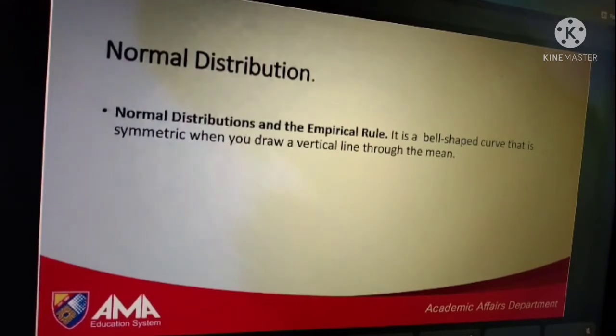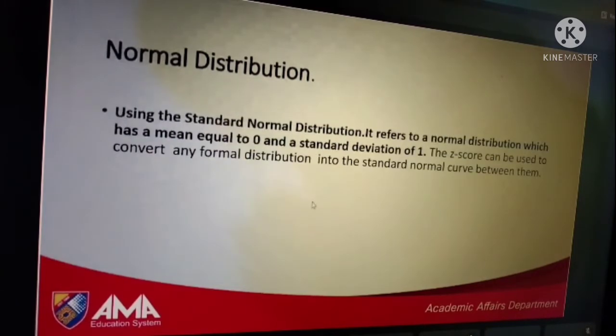So ano naman yung normal distribution and the empirical rule? Ang normal distribution and the empirical rule, nakakita na kayo ng bell? Bell shape na gano'n. Okay, gano'n ang itsura niya. That is symmetric when you draw a vertical line through the mean. So doon kasi ina-analyze yung normal distribution ng result ng ating data management.